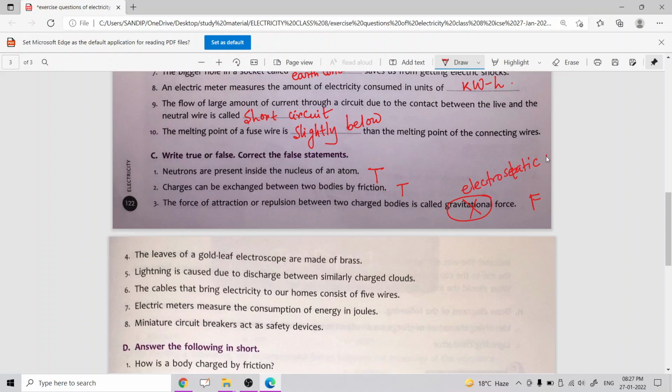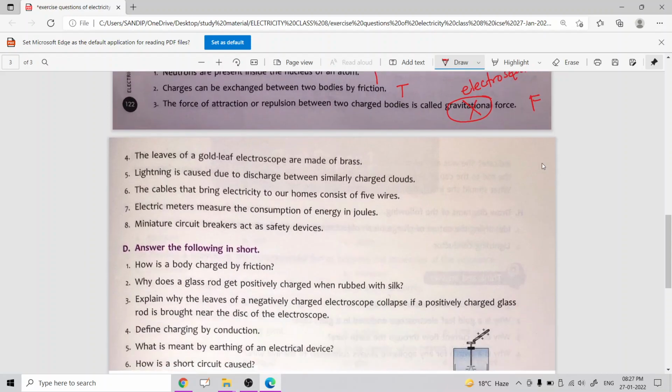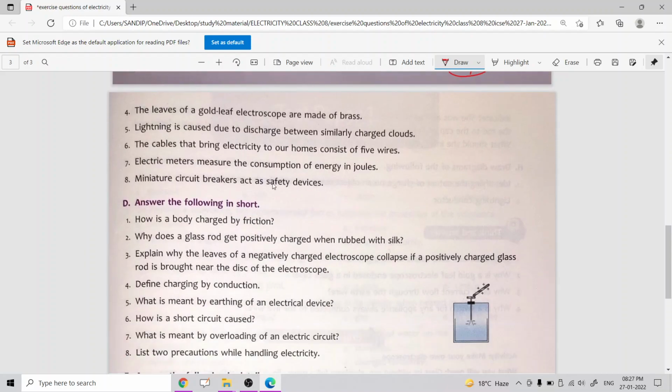Now we move to our next point, that is, the leaves of a gold leaf electroscope are made of brass. It is also false. Actually the leaves of a gold leaf electroscope are made of gold.